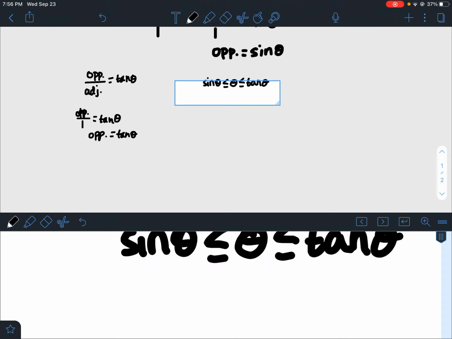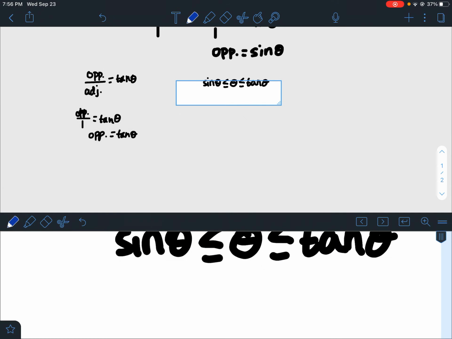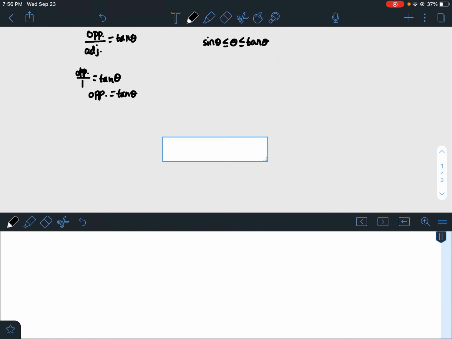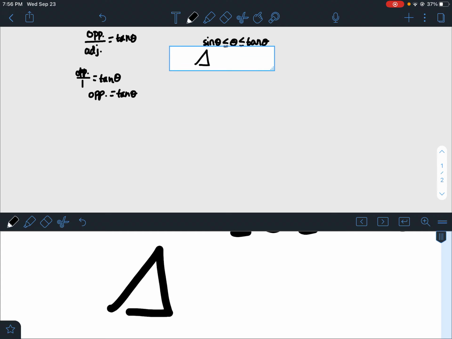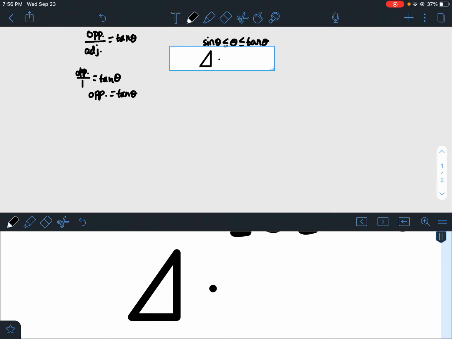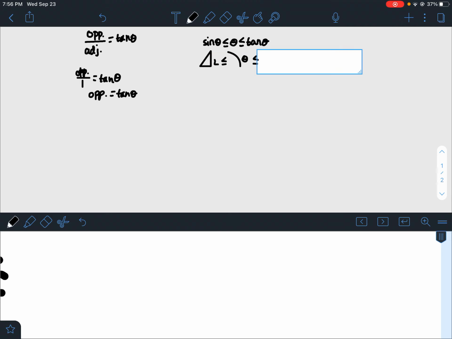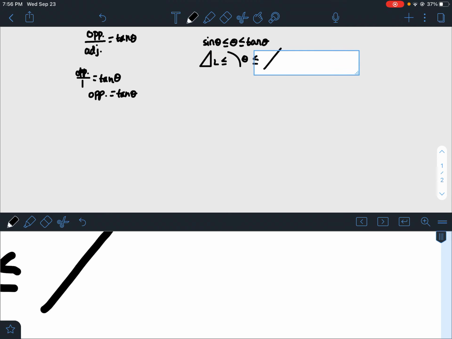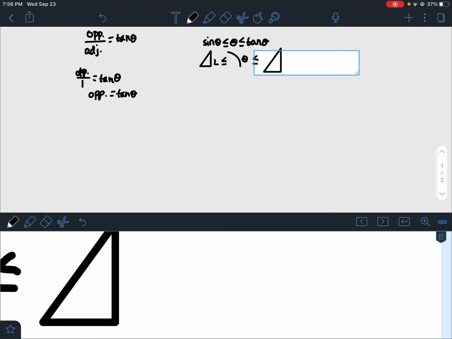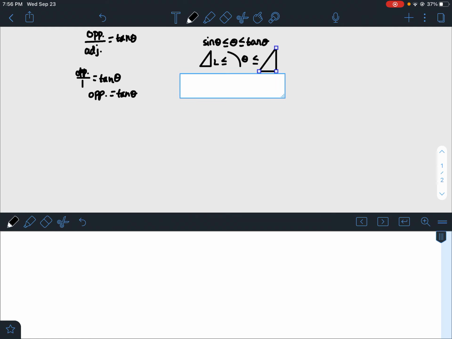So you're looking at the little triangle, which is greater than or equal to the arc length, theta, which is greater than or equal to the big triangle. Basically.